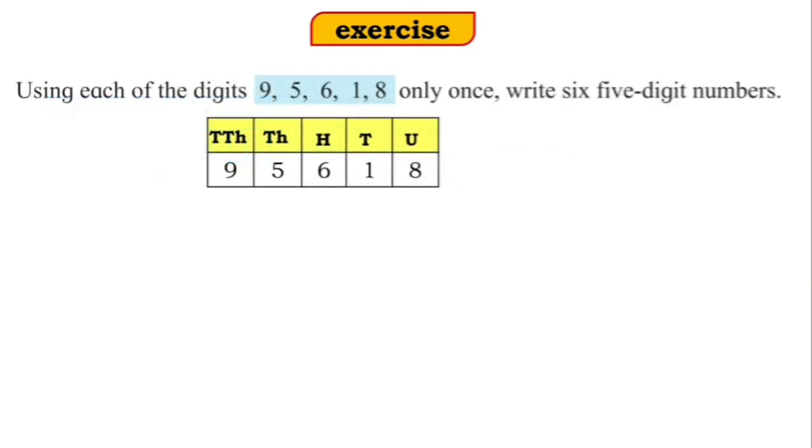Next question is, using each of the digits 9, 5, 6, 1, 8 only once, write 6 5-digit numbers. So here we have placed these digits in place value chart, that is 9 in 10,000s place, 5 in thousands place, 6 in hundreds place, 1 in tens place and 8 in units place.